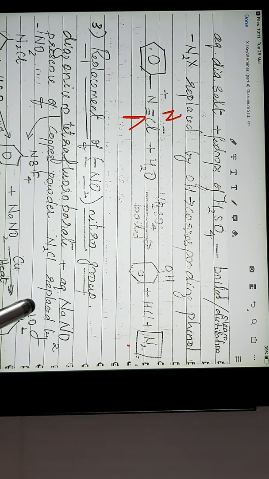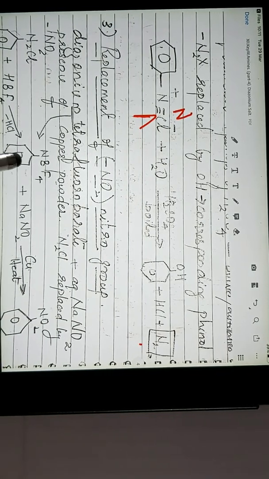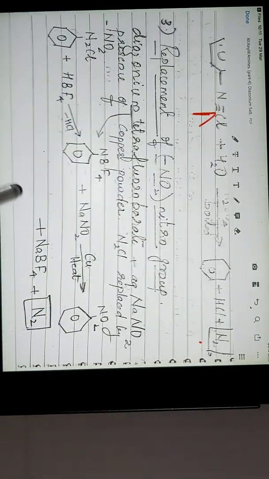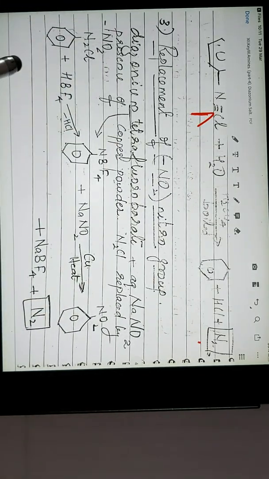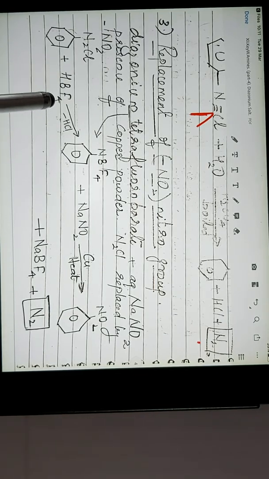Now with nitro, the direct replacement is not possible. So first an intermediate is formed by making the diazonium compound react with a specific reagent. And what is that? Hydrogen tetrafluoroborate. Listen once again, hydrogen tetrafluoroborate.